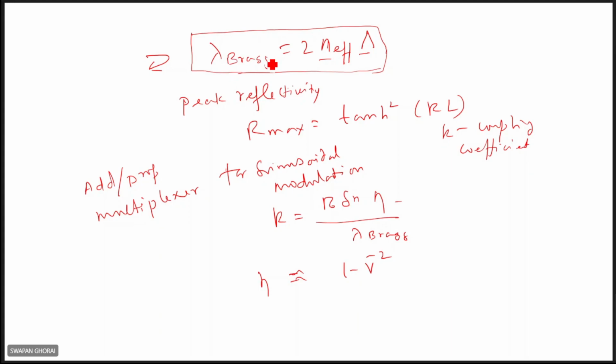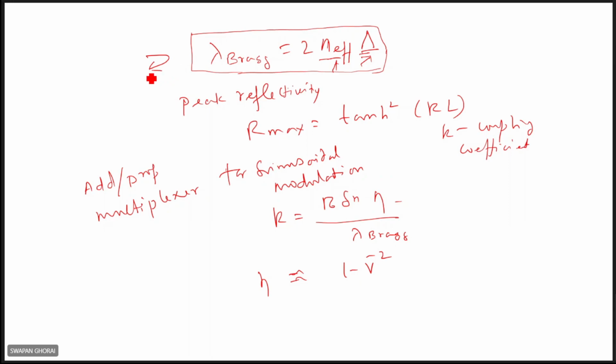Depending on the period and the effective index, a particular wavelength will be reflected back. If you vary the period or the effective index, then the reflected wavelength will also vary.